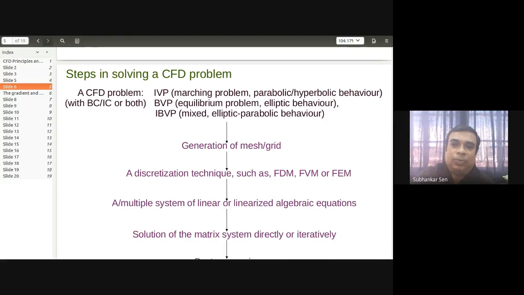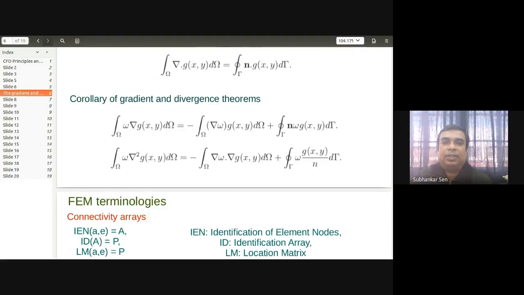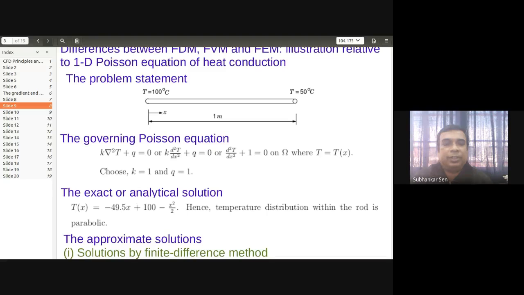Boundary value problems are known as equilibrium problems and they show elliptic behavior. So this Laplace equation or Poisson equation corresponds to boundary value problems. So you need the boundary conditions at these two boundaries. Because of that, we are giving these boundary conditions, and this is the equilibrium problem.